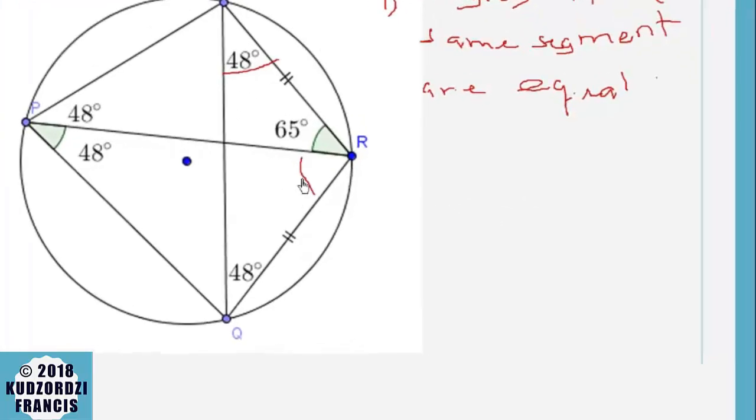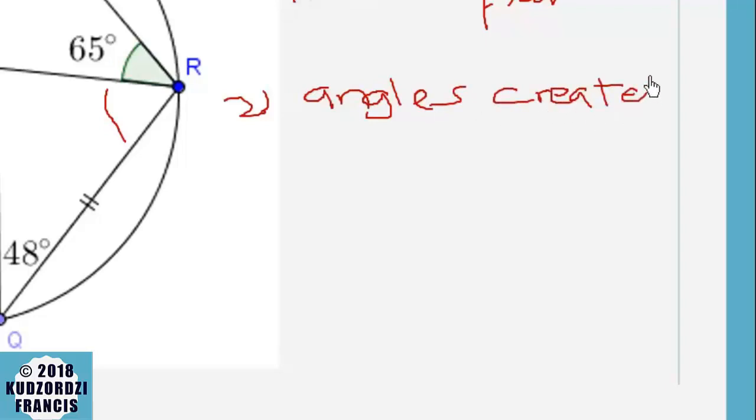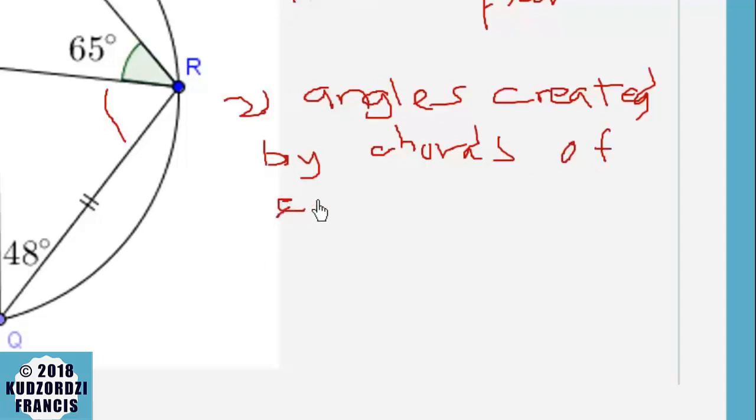So this chord is equal to this chord. So angles created by chords of equal length are equal.